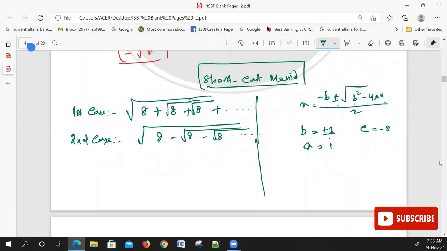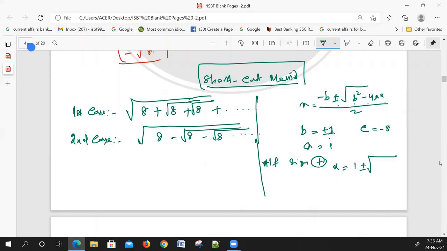If the sign is positive, what can be the value of x? 1 plus or minus root of 4 into n plus 1 by 2.